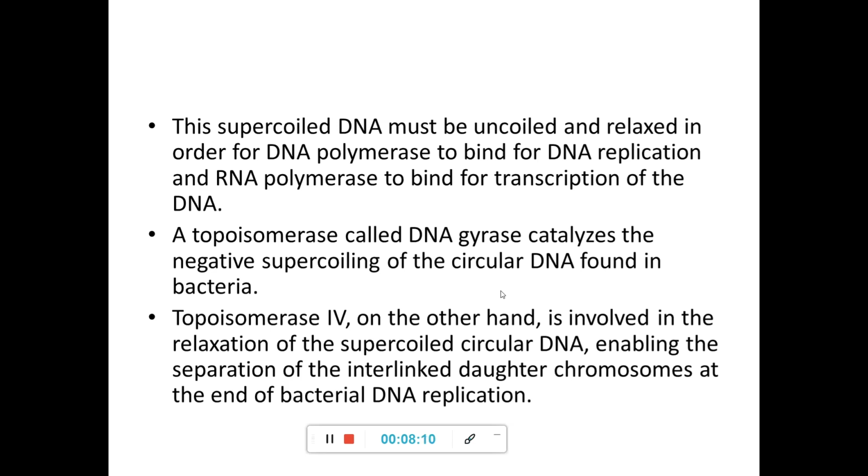In that case, the enzyme RNA polymerase has to come and bind. In both these cases, the supercoil has to be uncoiled and relaxed, and that is brought about by the same class of enzymes called DNA topoisomerases. So different forms of these topoisomerases will act, one for supercoiling and one for unbinding or relaxation.